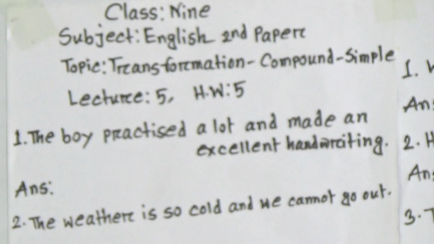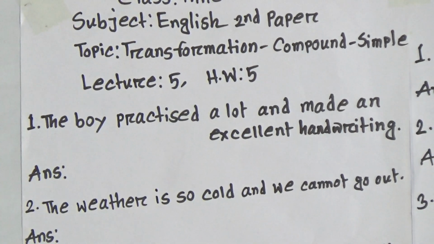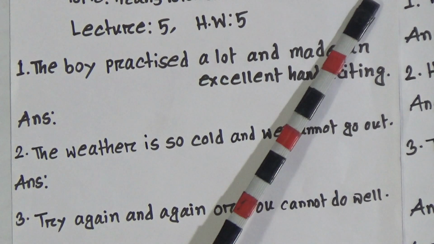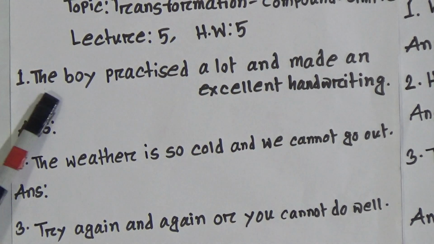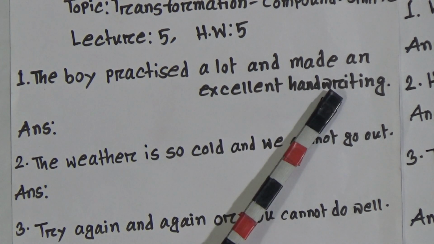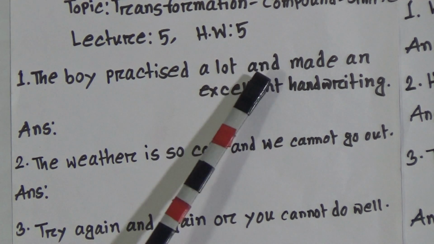So look here, I have given 6 examples to understand compound to simple. These are the examples of compound, 1, 2, 3, 4, 5, 6, and we will transform them into a simple sentence. Number 1: The boy practiced a lot and made an excellent handwriting. So look at the symbol of compound, it is and.